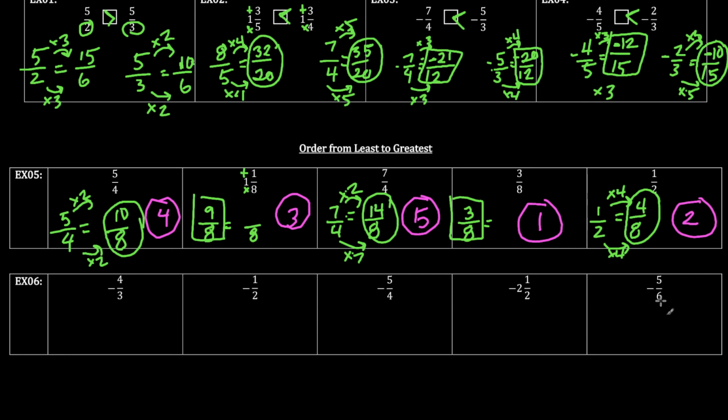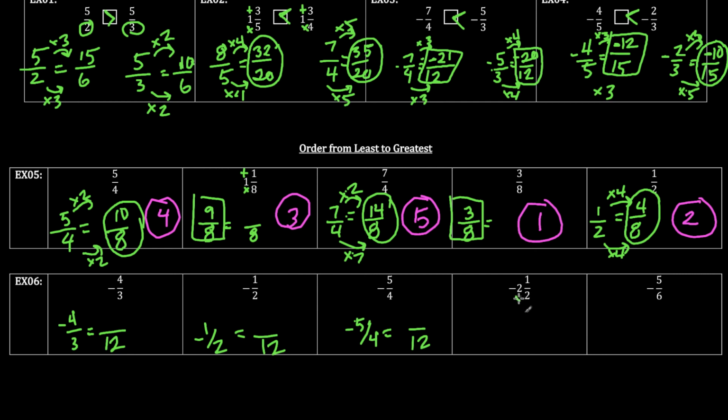So do they all go into 6? No. Do they all go into 12? They all go into 12. So -4 thirds is how many twelfths? -1/2 is how many twelfths? -5/4 is how many twelfths?